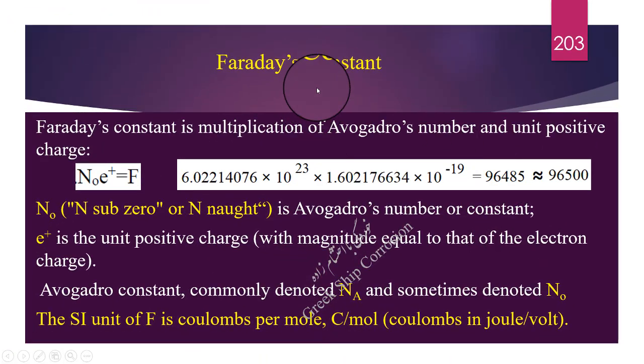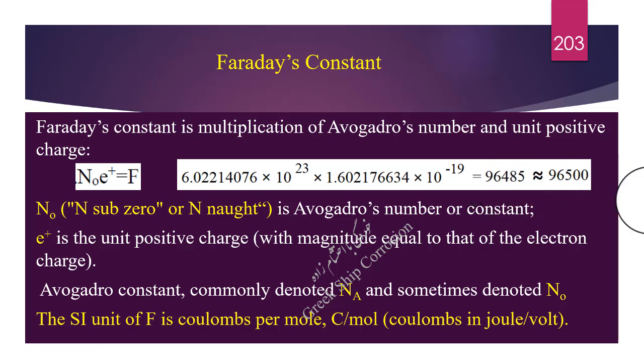Faraday's constant. Faraday's constant is the multiplication of Avogadro's number and unit positive charge. N0 times E+ equals F. 6.02214076 times 10 to the power of 23 times 1.6021766634 times 10 to the negative 19 equals 96,485.